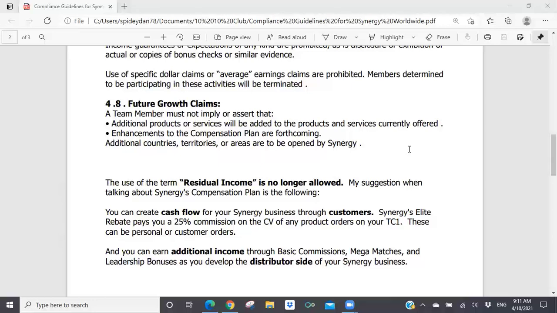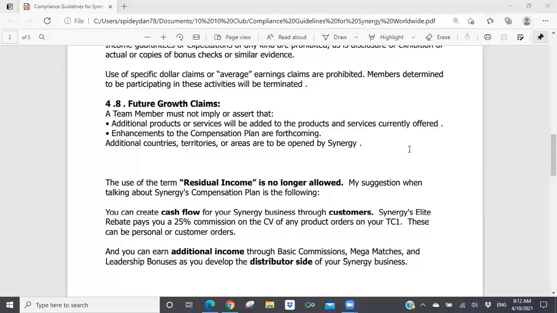And you can earn additional income through basic commissions, mega matches, and leadership bonuses as you develop the distributor side of your Synergy business. Although I haven't vetted this with Synergy Worldwide, I don't see anything in those two paragraphs that would create any flags from Synergy or from the federal government, because you're accurately describing your Synergy business.